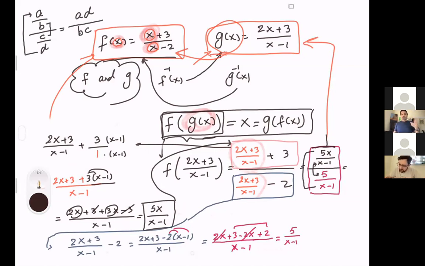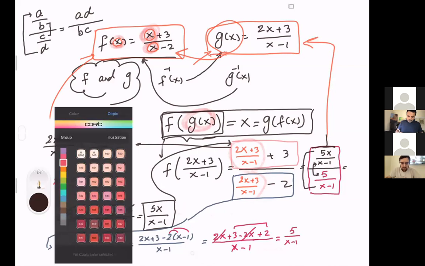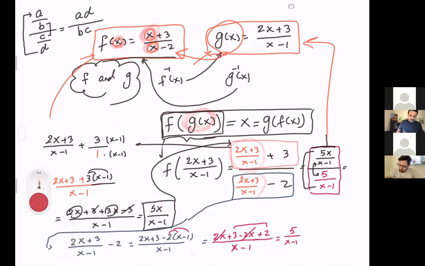If you don't know this shortcut, you can do actual dividing: a over b divided by c over d. How do we divide two fractions? We save the first one, change it to multiplication and make the second one reciprocal. What we get is ad over bc. So we get the same thing.